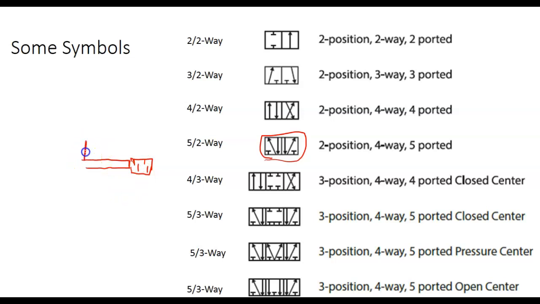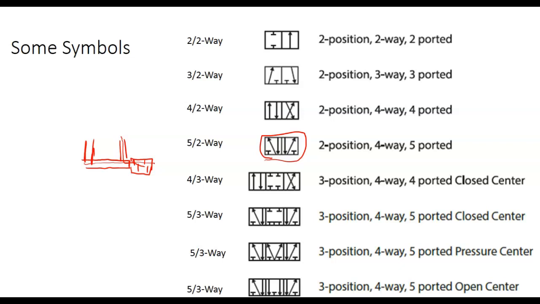Well, this port over here, this exhaust port would have to exhaust all the way out to the silencer here. This one would exhaust faster. So what would happen is it would extend. If you didn't have any flow control on it, it might extend faster than it retracts.